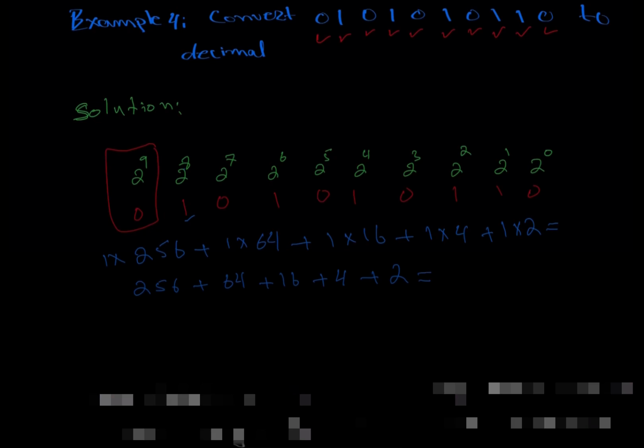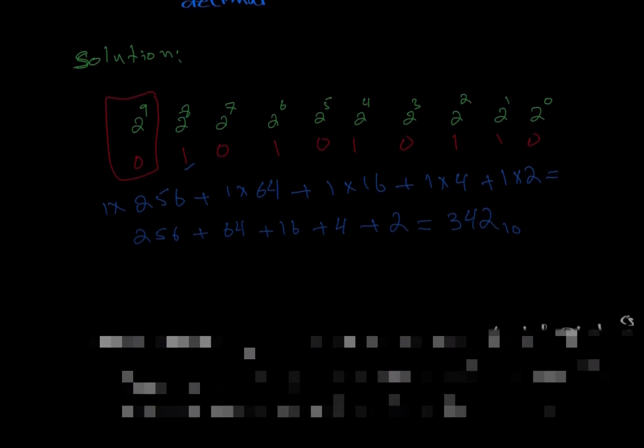Okay, so 256 plus 64 plus 16 plus 4 plus 2 will give me 342 base 10. Okay, so the number was 0 1 0 1 0 1 0 1 1 0. That binary number is equal to 342 base 10.